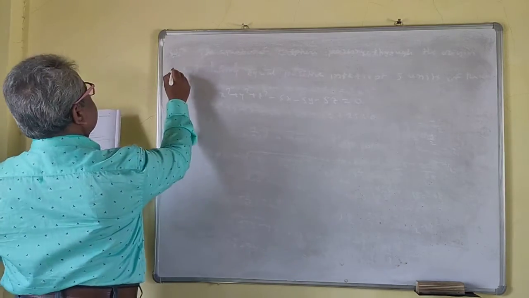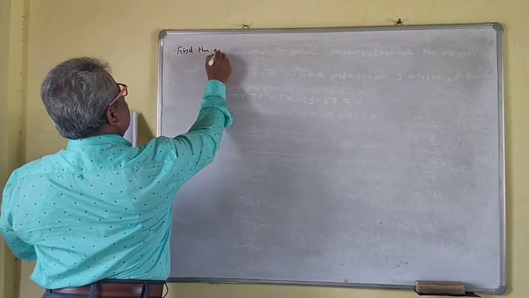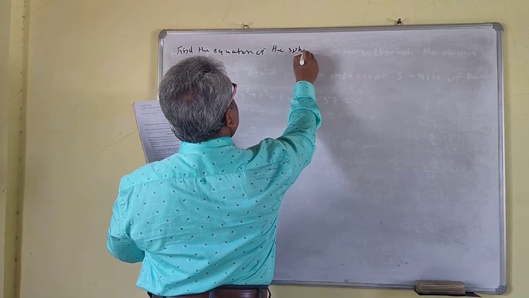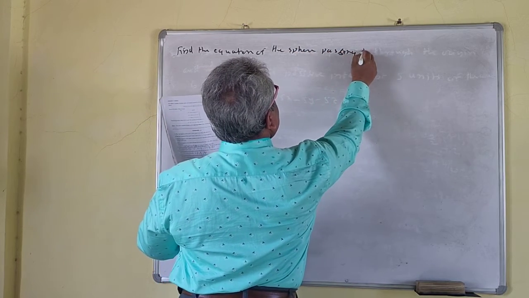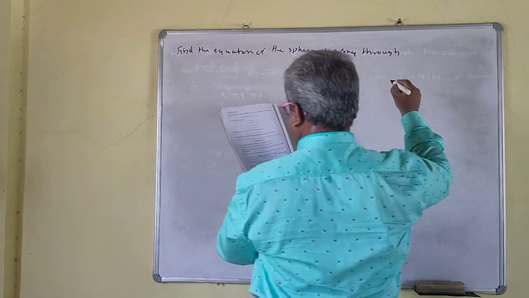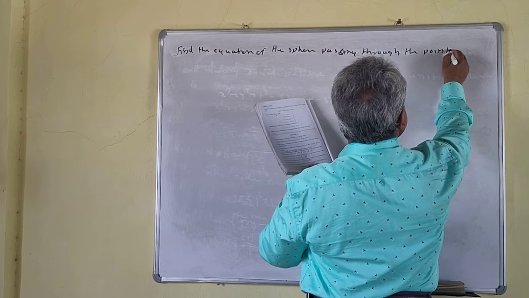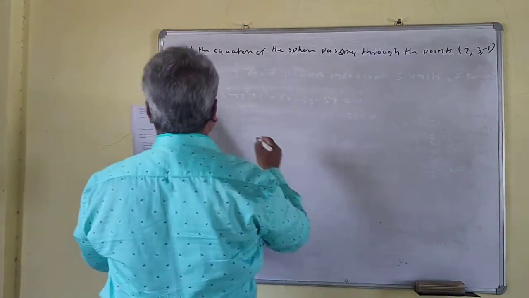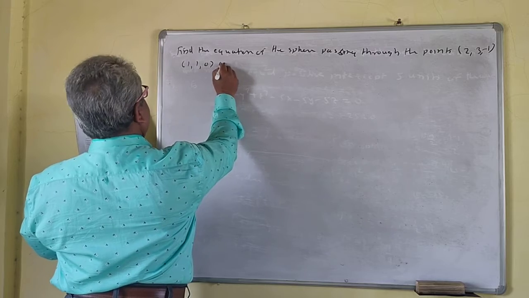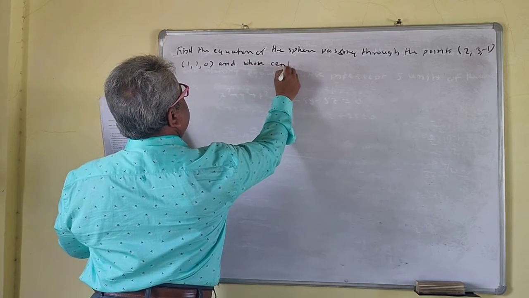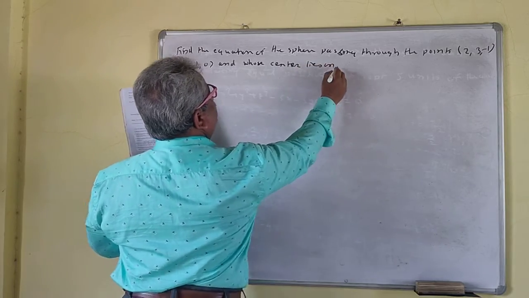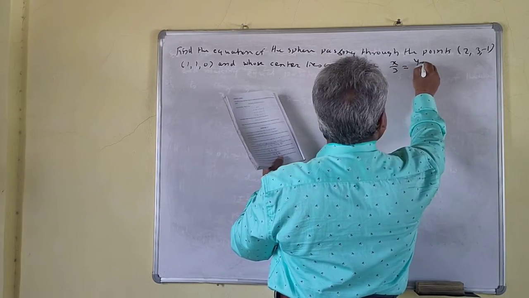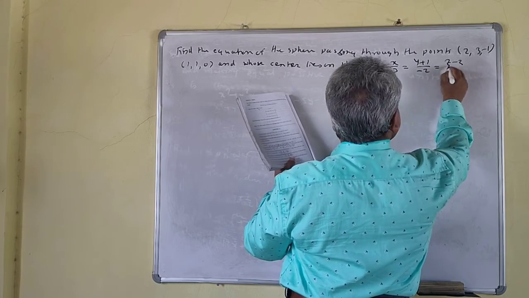Okay, so next, find the equation of the sphere passing through the points (2, 3, minus 1) and (1, 1, 0), and whose center lies on the line x upon 3, y plus 1 upon minus 2, z minus 2 upon 2.